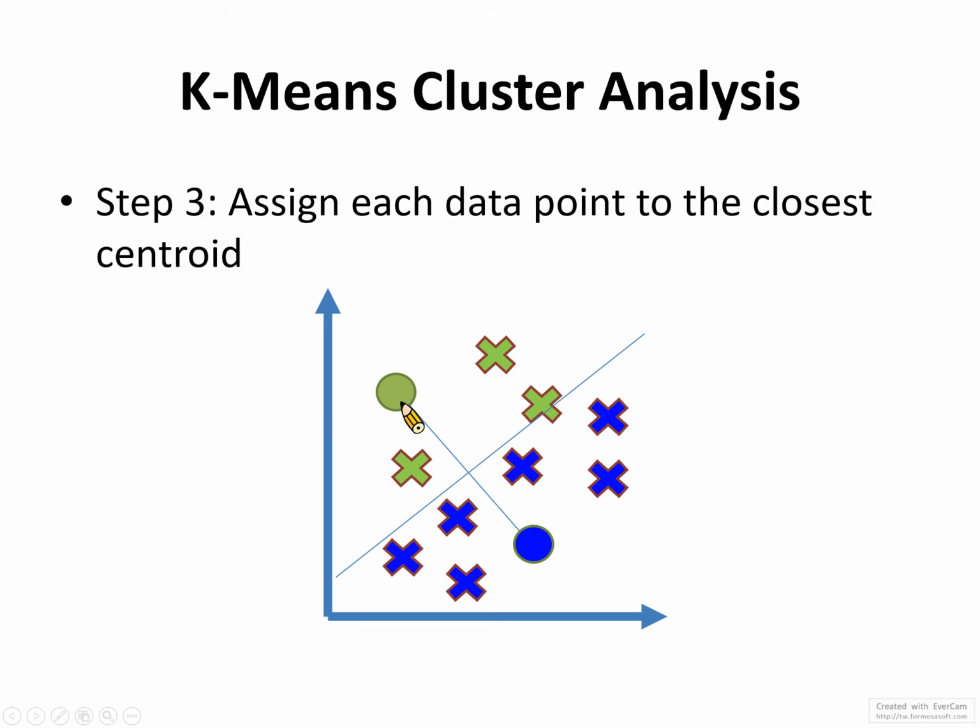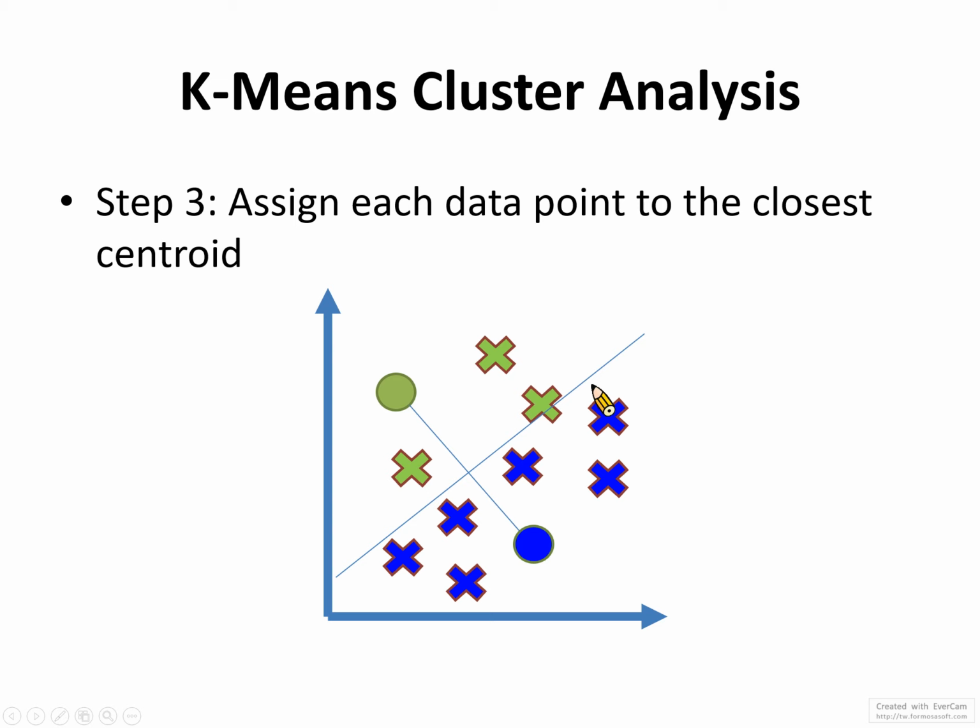So you can easily make a line between the two centroids and make another line perpendicular to this line, dividing this line into two equal parts. That is one way we can visualize which data point is closer to which centroid.